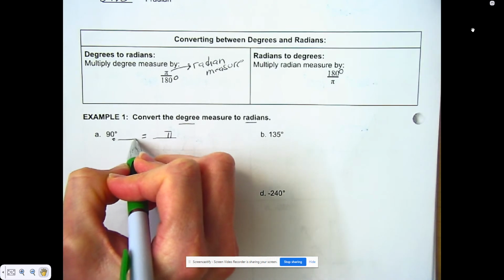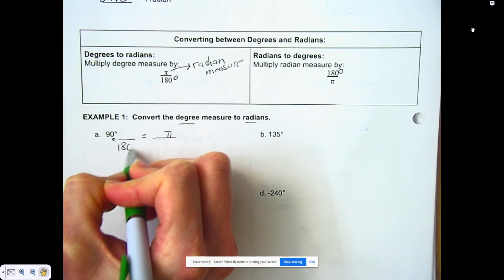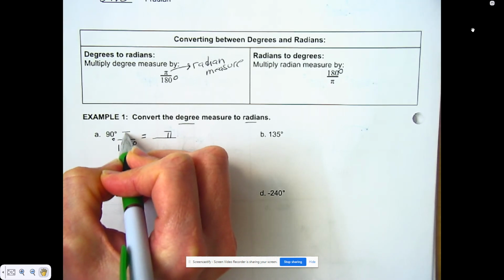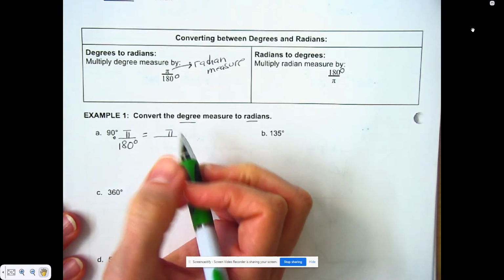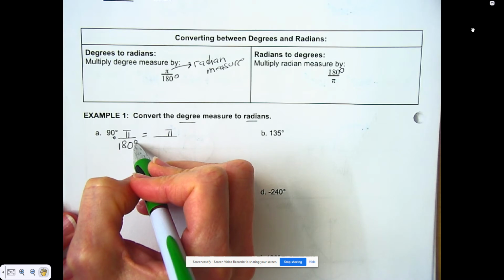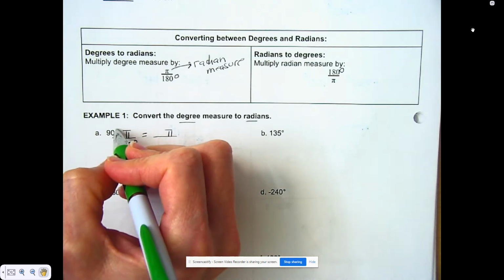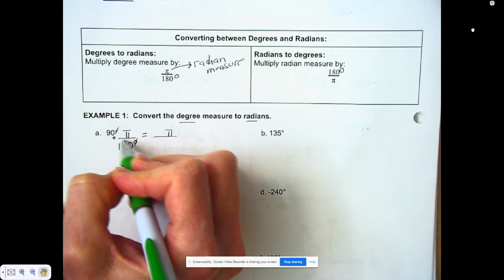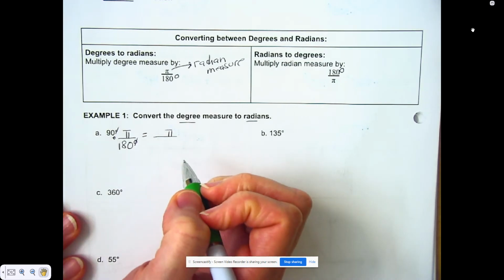So I want to multiply by the ratio that puts degrees on the bottom and radians on the top. Because if I have degrees on the bottom of a fraction and degrees on the top, then my degrees cancel and I'm left with radians.